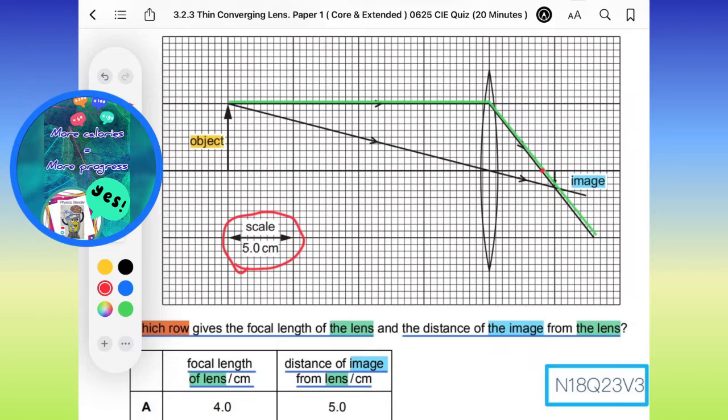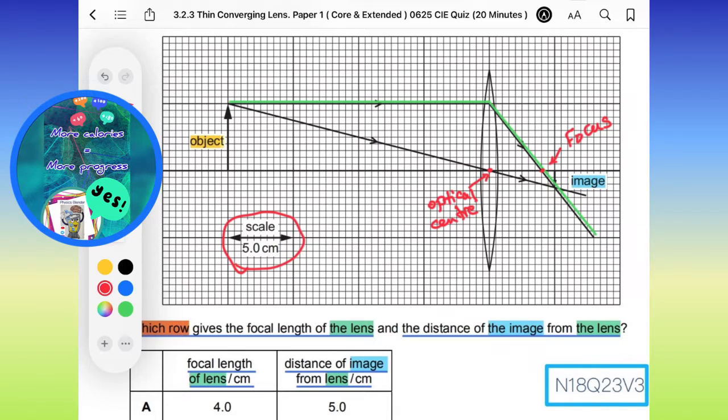Okay, the focal length is the distance from the optical center to the focus. So this point is the optical center, and this point is the focus. The distance between them is considered as focal length.